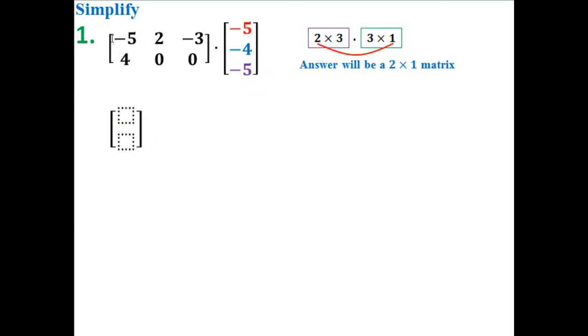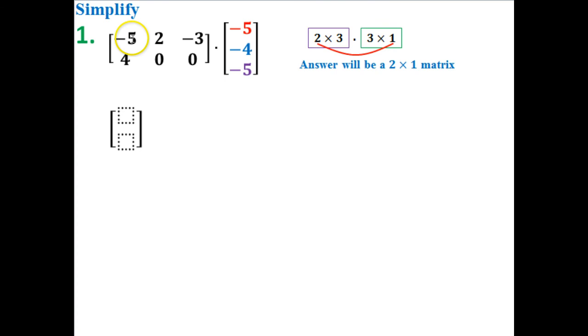The way that we multiply matrices is we take this entire row, starting with this first row, and multiply it by this entire column, straight up and down. There's only 1 column and only 2 rows, which is nice, but there are 3 components in each, which makes it a little more complicated. We'll take each one at a time.